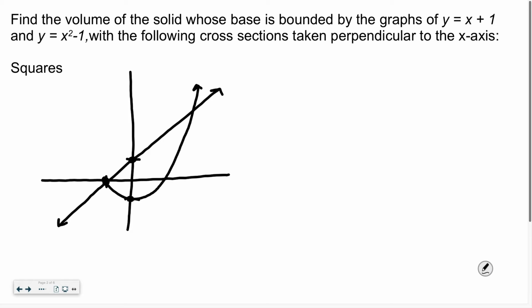It appears that they intersect here at x equals negative 1. But what would be their intersection right there?